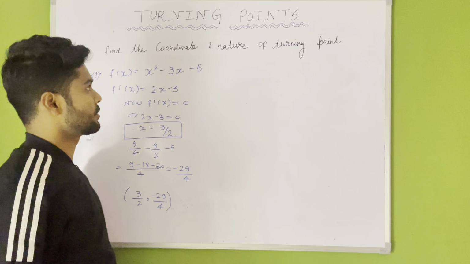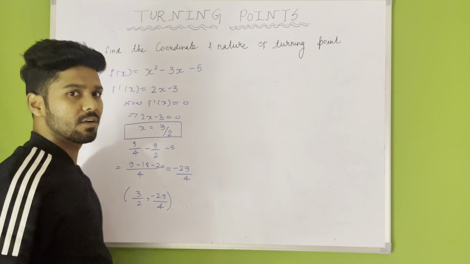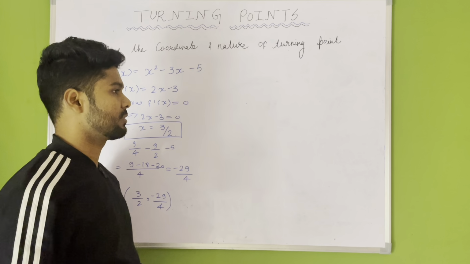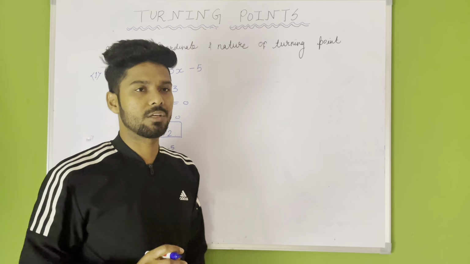Now, since in this question we also have to determine the nature of the turning point, whether it is minimum in nature or maximum in nature, for that we have to double differentiate the equation.